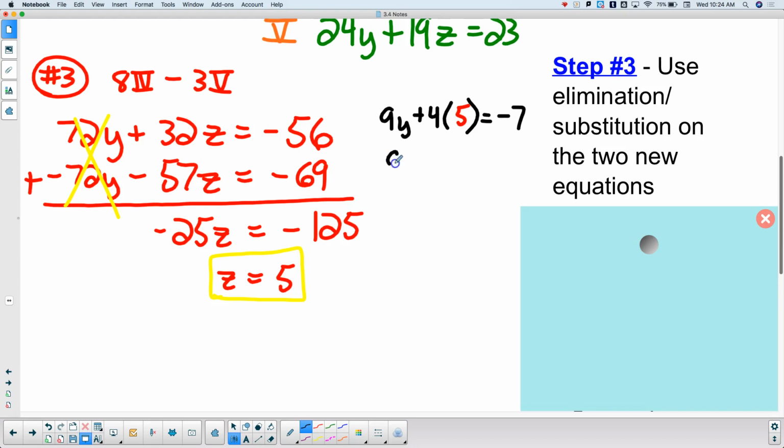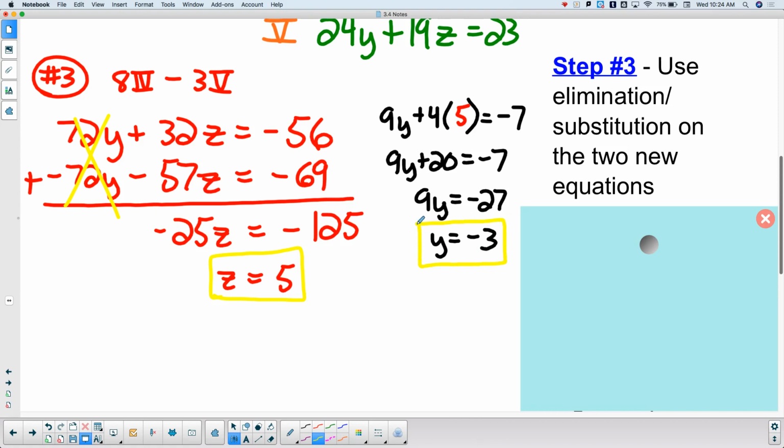So that's 9y plus 20 equals -7. So that's 9y is -27. So that's y is -3. Okay.